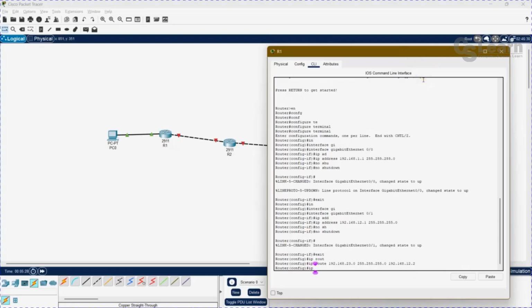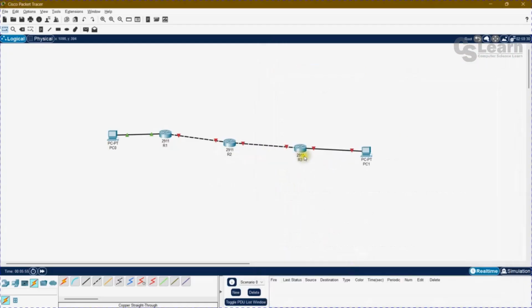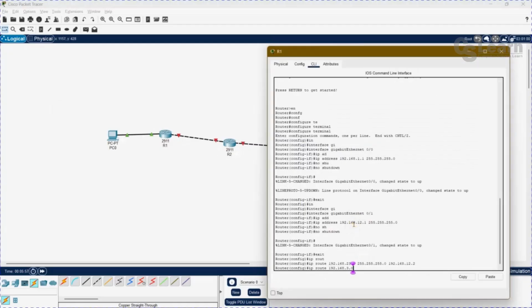So we configured one route, now another route: ip route 192.168.3.0. The 23 represents the interface. When you configure the coming router, you will know about it in detail. The 3.0 is the last interface. 255.255.255.0, 192.168.12.1.